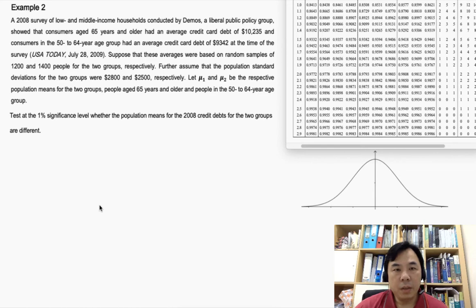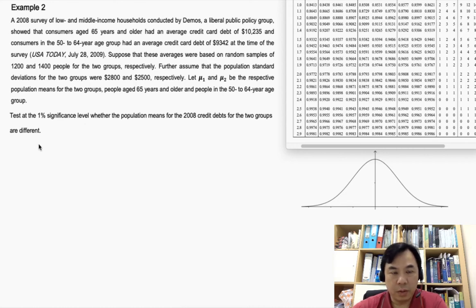It's the same example as example number 1. The only difference is now we are interested to test at 1% significance level whether the population means for 2008 credit card debts for the two groups are different. Are they different, right? So this is what we are trying to test here, and that is what we are going to write as an alternative hypothesis.